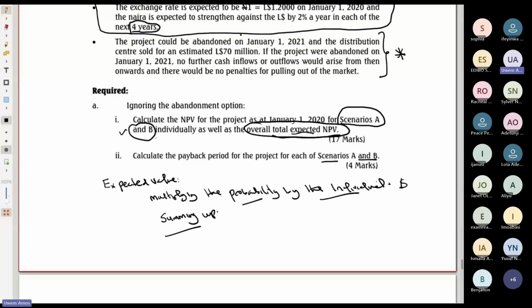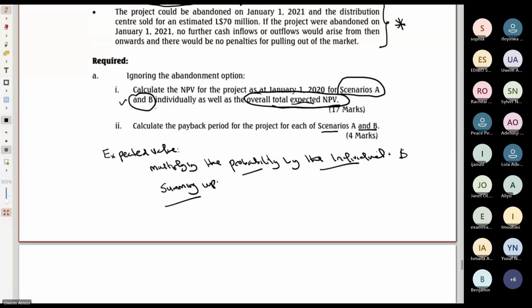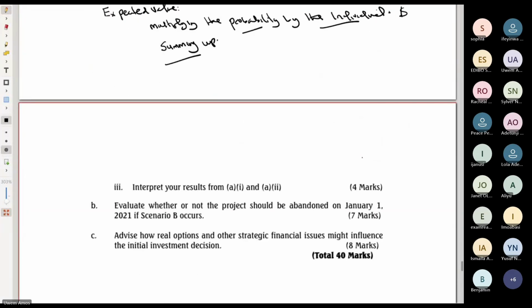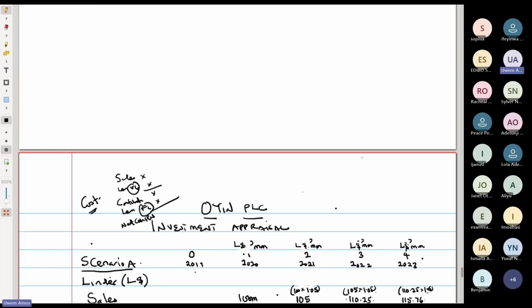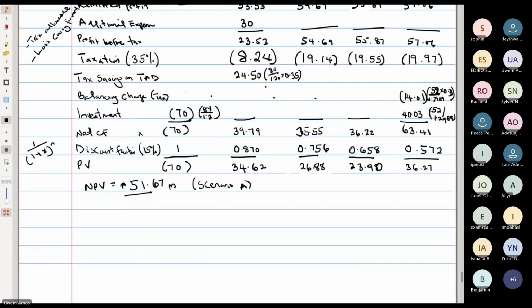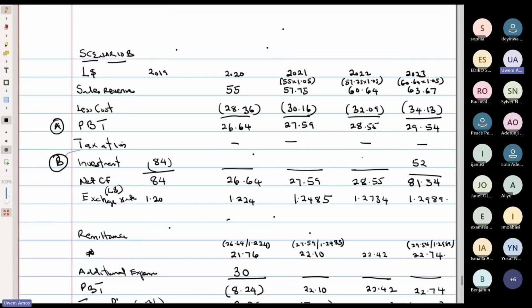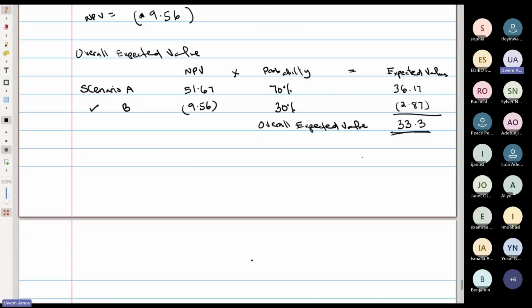You just follow the same steps for scenario B. So let's begin with the payback period for scenario A.